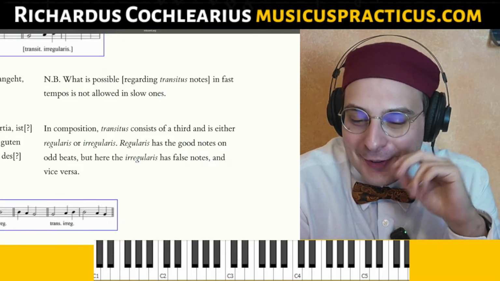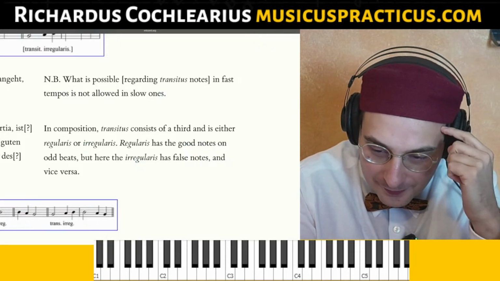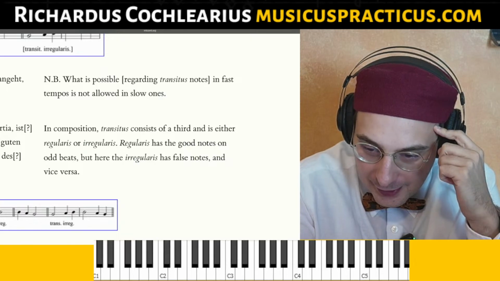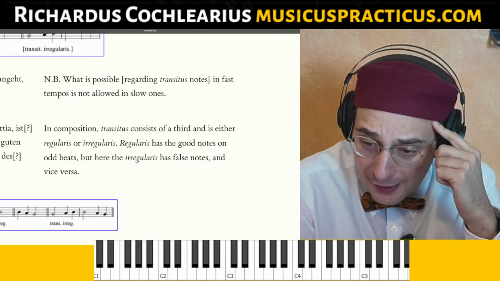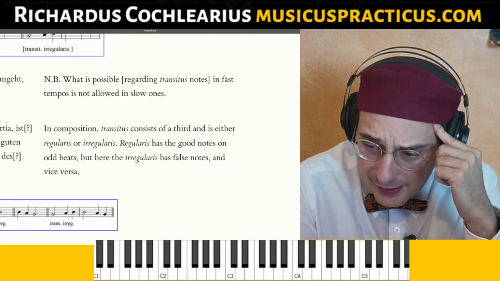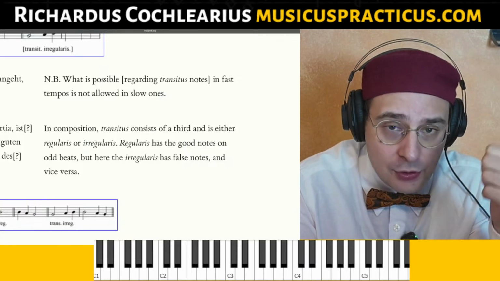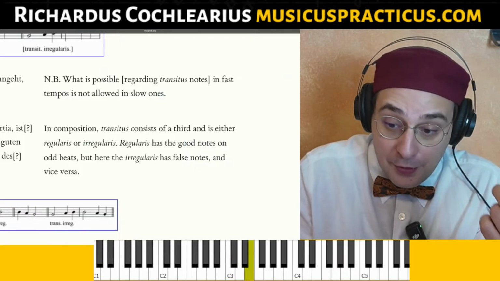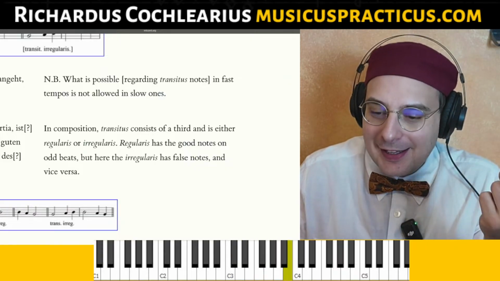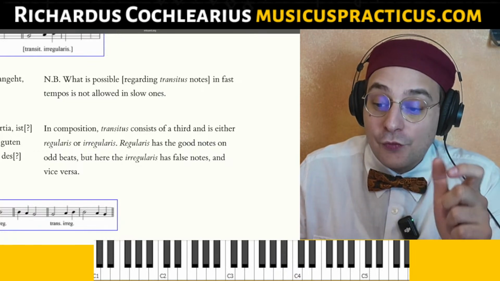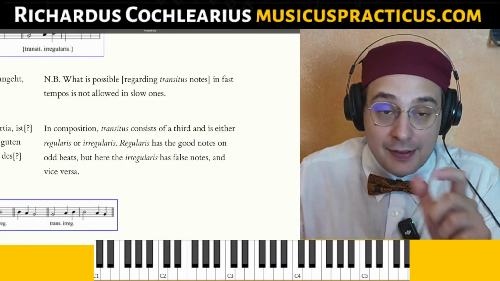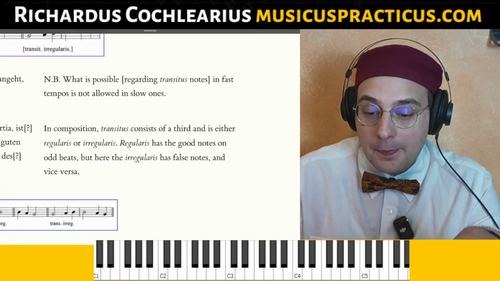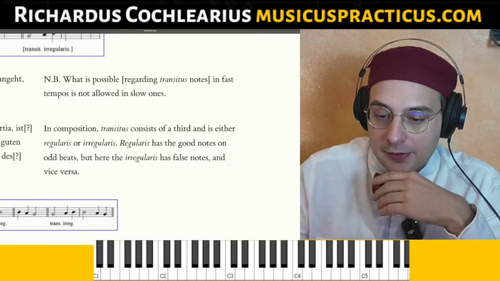Regularis has the good notes on odd beats, so 1, 3, 5. 1, 2, 3, 4, 5, 6, 7, 8. But the irregularis has the false note on the odd beats, and vice versa. So dissonances on the downbeat, on the odd numbers, on the odd beats.